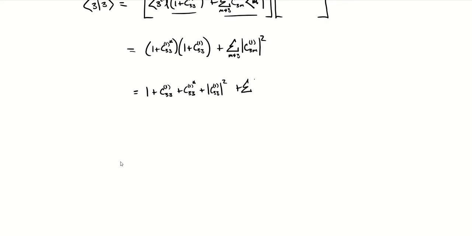It's the sum over all of these magnitudes squared, right? Now, we have to keep in mind we're using an approximation. We're only taking things to first order, so we're going to drop all higher order terms for consistency.